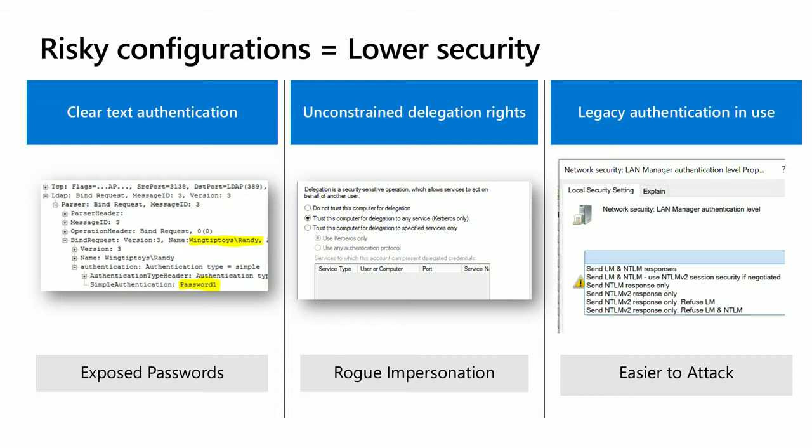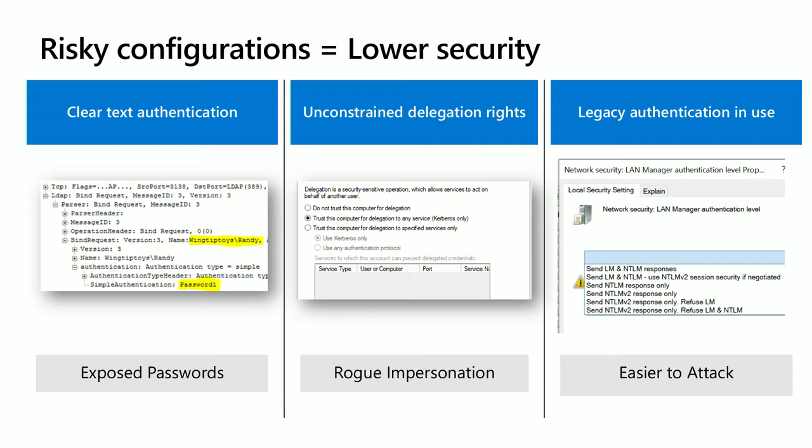We have so many examples, but so little time. So just one more example is about legacy authentication in use. Think about all of your applications that were developed 5, 10, 12, 15 years ago, and maybe use weaker protocols such as NTLMv1, or weaker encryption protocols such as RC4.